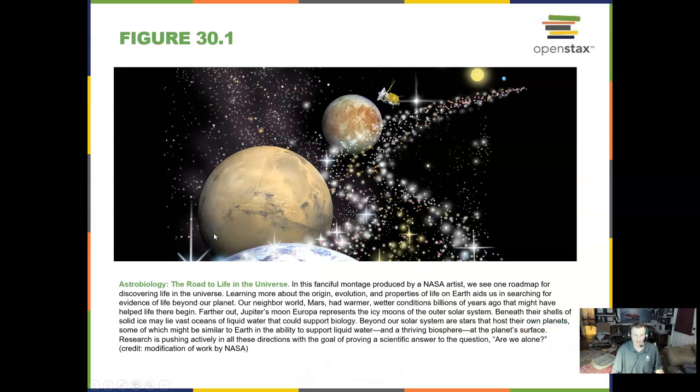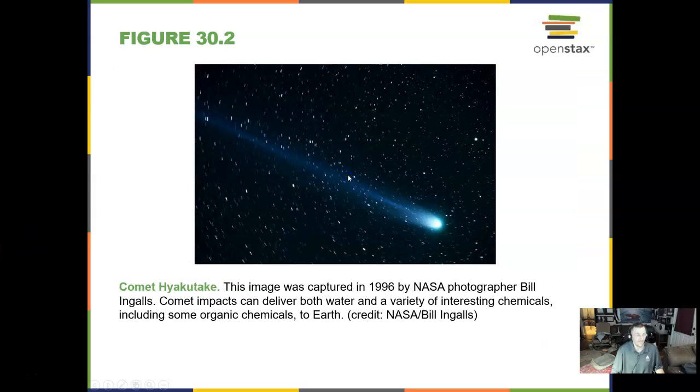The study of life in the universe is called astrobiology, and NASA even has an astrobiology institute. Here is Comet Hyakutake. This was taken in 1996 when it went by in March at its closest approach of just over 9 million miles.